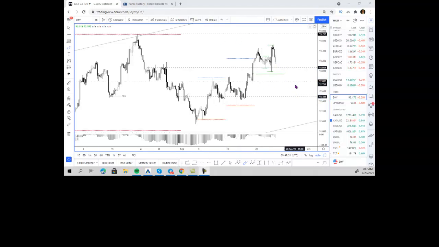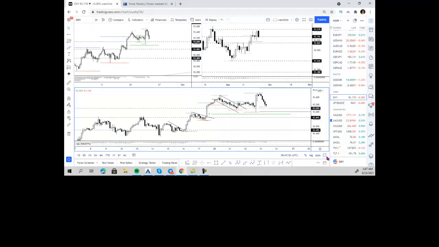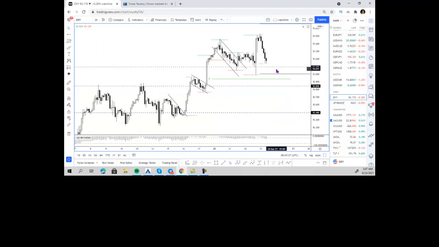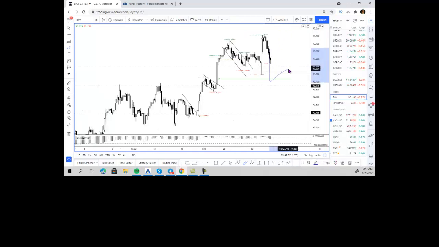What I am going to do, let me show you the hourly chart, is wait to see the real reaction to the same level, the 92 to 93 level, or those lows. Depending on that, I might go long on the US dollar on a strong pullback and strong rejection, or the other scenario would be a short on a break.